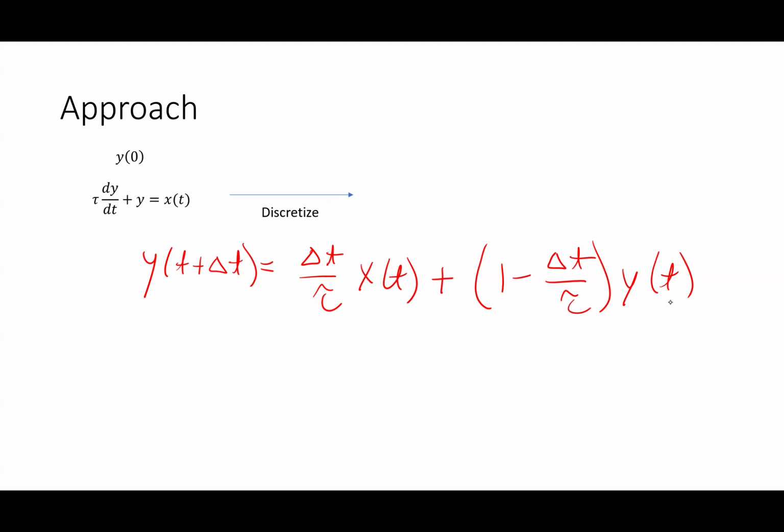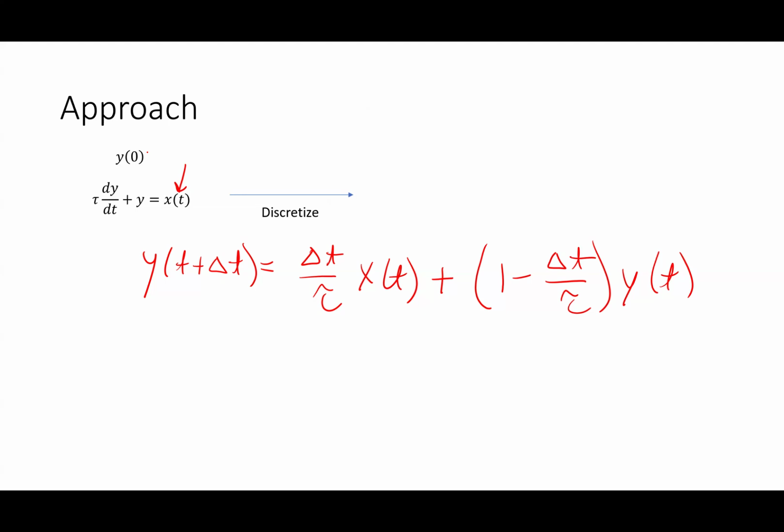How would I use this in reality? How can I use this to solve the differential equation? Anytime I'm given a differential equation, what am I going to know? I know what the input, x of t, is. I have to know that to solve it. I also have to know the initial condition.